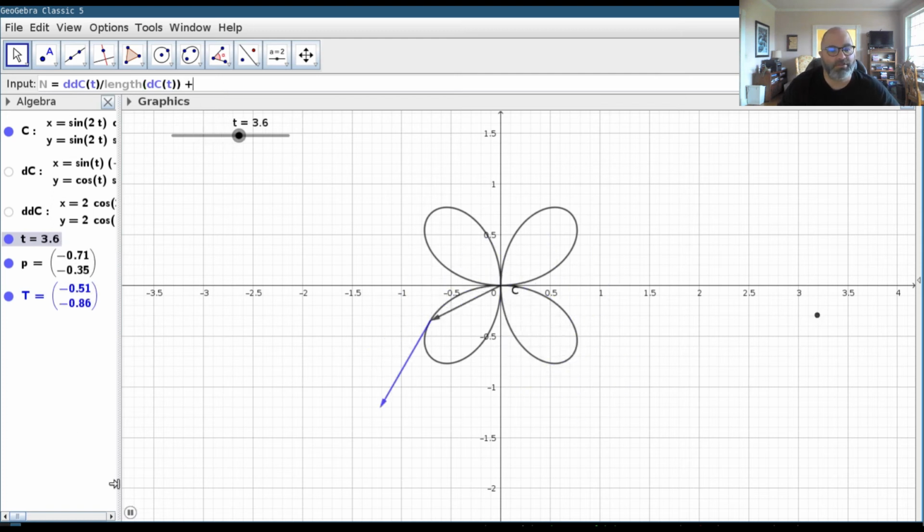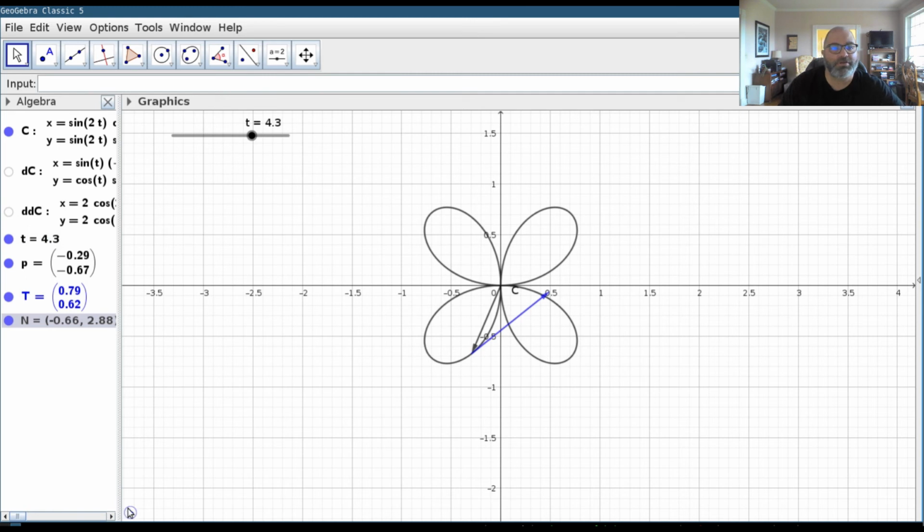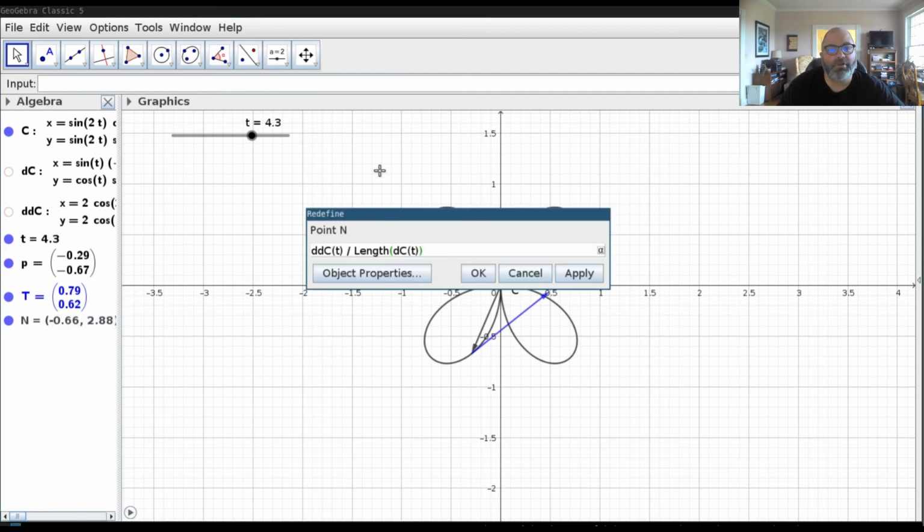And then plus, our parameters are going crazy. Oops, let's go back there. Now the rest of it was minus our dot product, and in GeoGebra that is just the dot product of our first derivative and our second derivative, so dc evaluated at t and d²c evaluated at t.